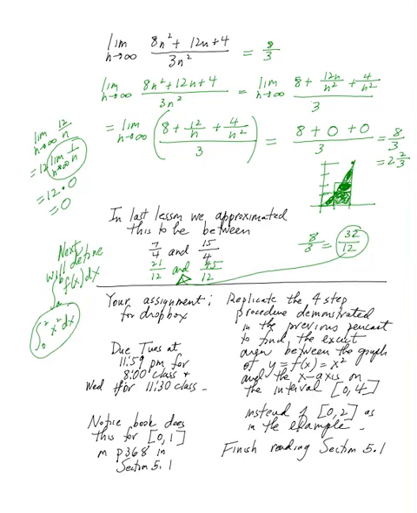I'll go on and tell you the shortcut. Fundamental theorem of calculus says to evaluate this definite integral, you just find an antiderivative, so you get x cubed over 3, and you evaluate it at the endpoints. So that's 2 cubed over 3 minus 0 cubed over 3, which is 8/3. It's what we got here.